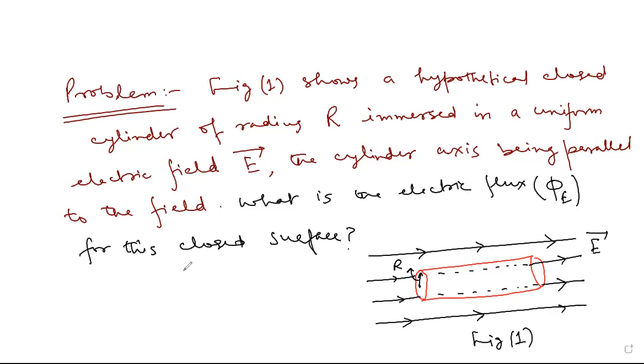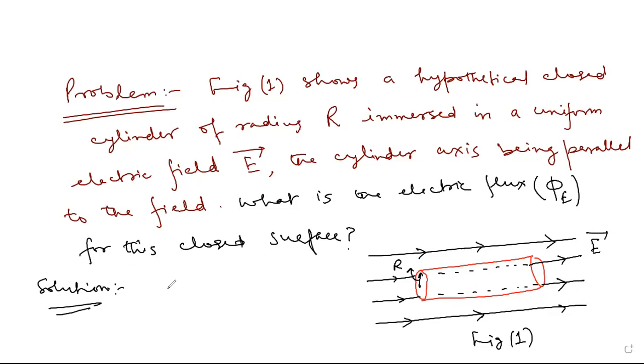We are moving to the solution now. Uniform electric field is represented by equally spaced parallel electric lines of force. These black lines represent uniform electric field E. Now in that electric field, we have a closed cylindrical surface with radius capital R, the axis being parallel to the electric field. We are supposed to find the electric flux through this closed surface.